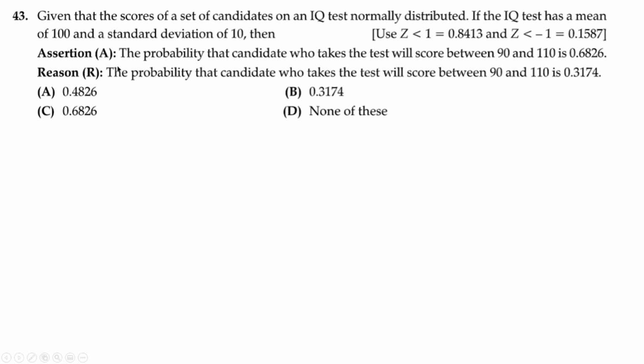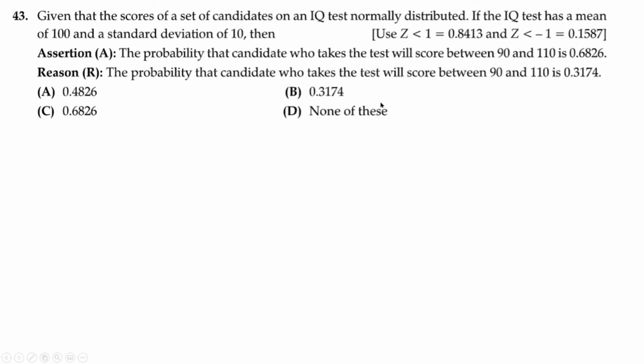The next question: given that the scores of a set of candidates of an IQ test is normally distributed, if the IQ test has a mean of 100 and a standard deviation of 10, then the probability that the candidate who takes the test will score between 90 and 110 is 0.6826.